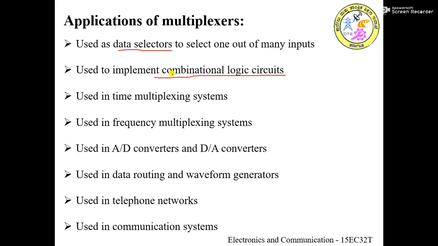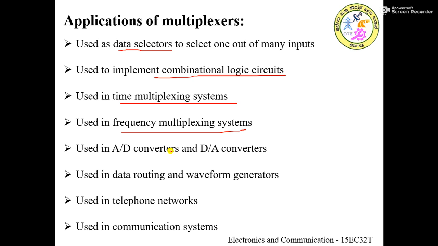At the same time, the multiplexers can be used to implement the functionality of logic gates also, and these are used in time multiplexing systems, frequency multiplexing systems, as well as in A to D converters and D to A converters, that is analog to digital converters as well as digital to analog converters.